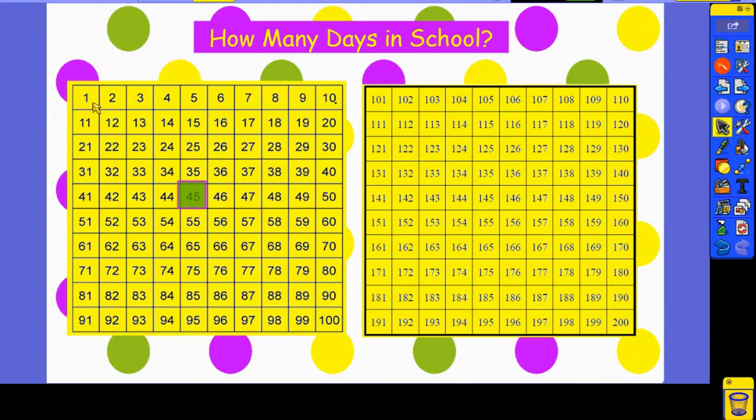Let's count. 1, 2, 3, 4, 5, 6, 7, 8, 9, 10, 11, 12, 13, 14, 15, 16, 17, 18, 19, 20, 21, 22, 23, 24, 25, 26, 27, 28, 29, 30, 31, 32, 33, 34, 35, 36, 37, 38, 39, 40, 41, 42, 43, 44, 45, 46, 47, 48, 49, 50.